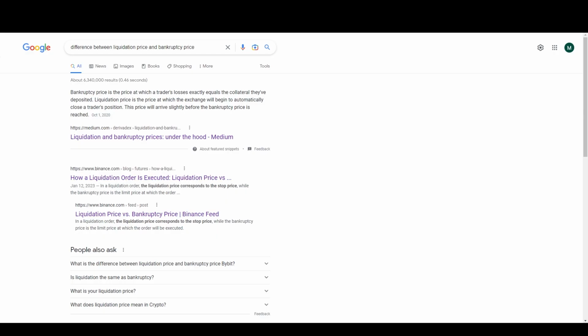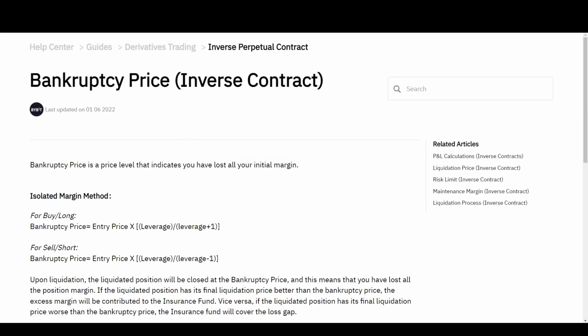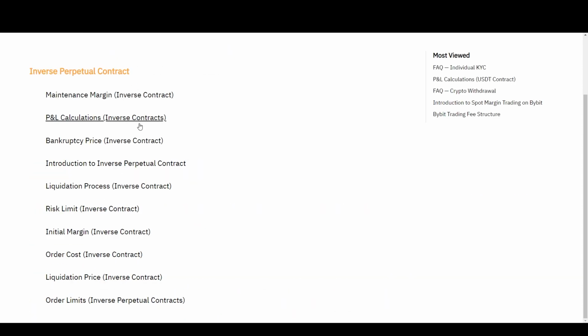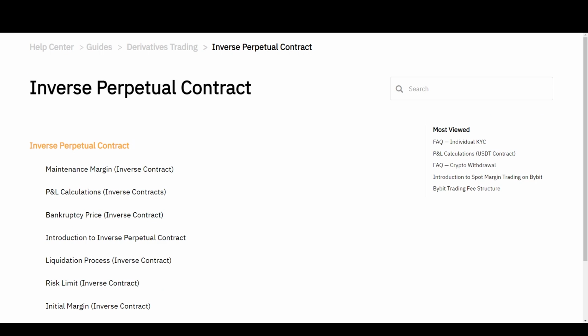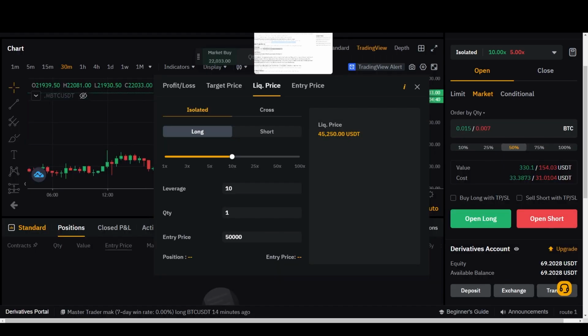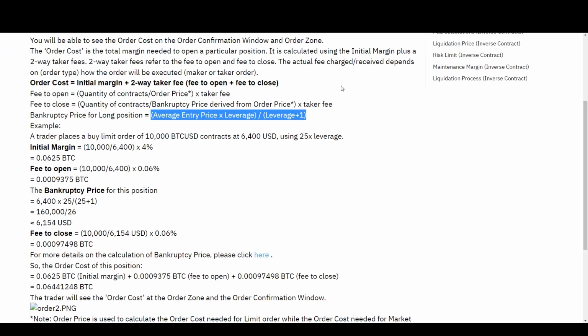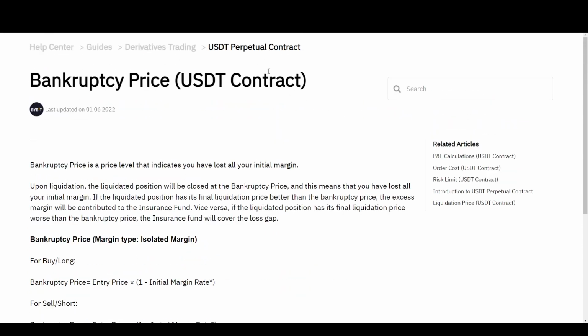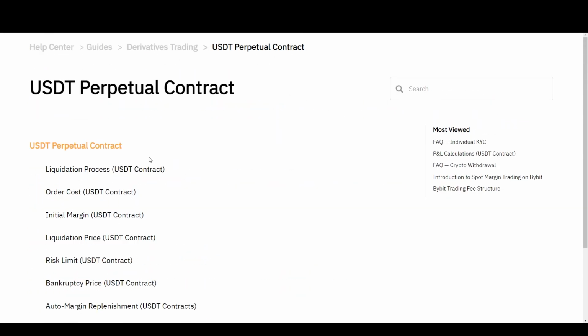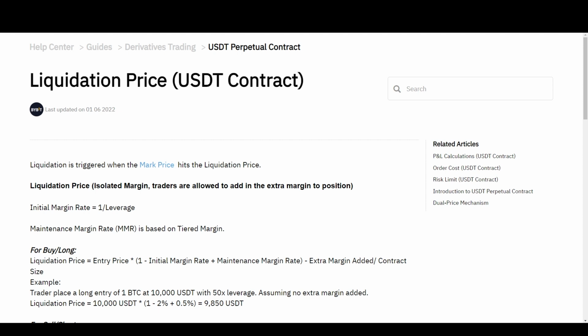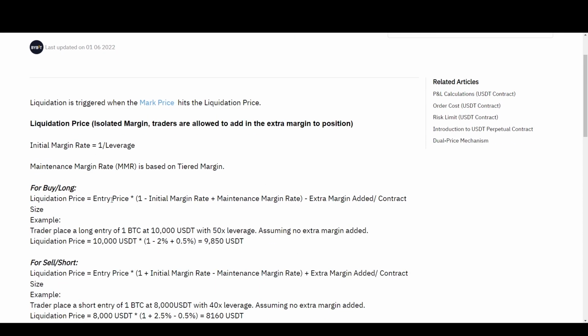What the hell is the difference? So we have the liquidation price, entry price.